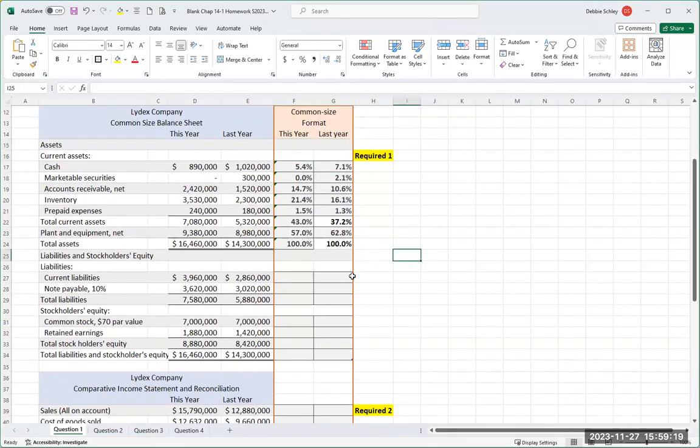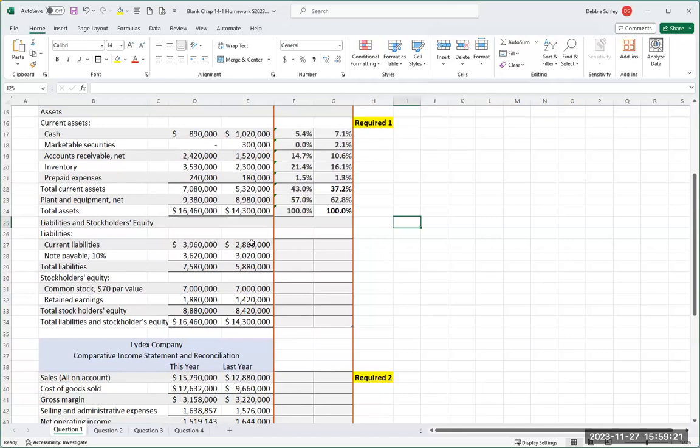Okay. Now let's just deal with the current liabilities. All of the ones in current liabilities through retained earnings, this is what's going to be 100% total liabilities and stockholder equity. So all of these numbers will be individually divided by the total for whichever year they are in.